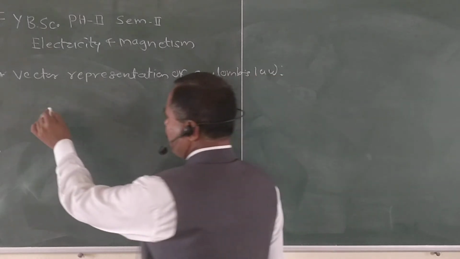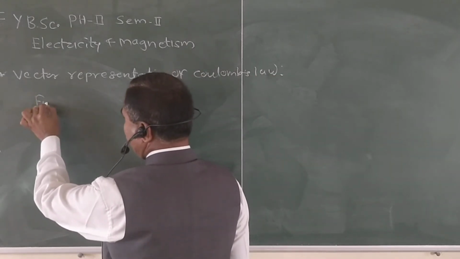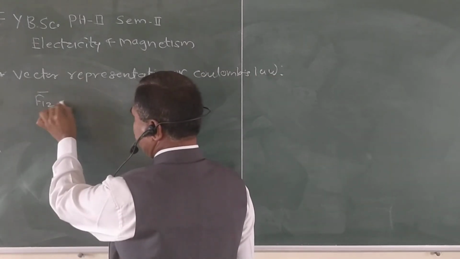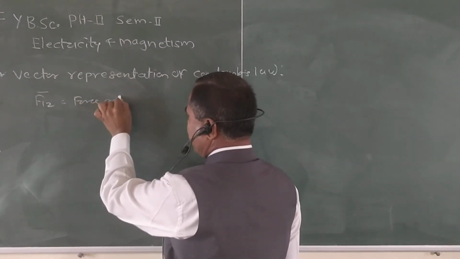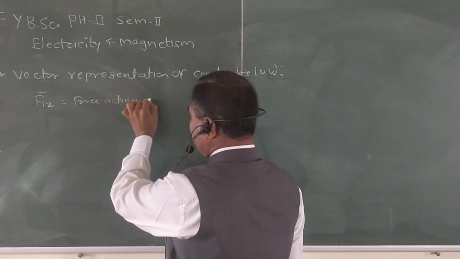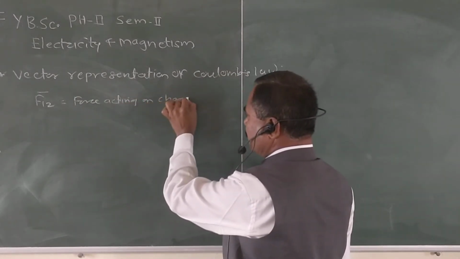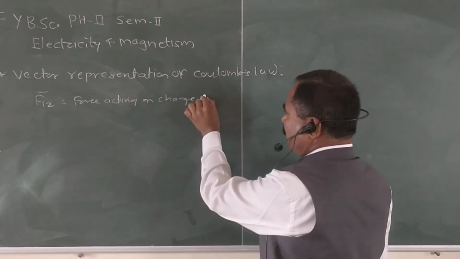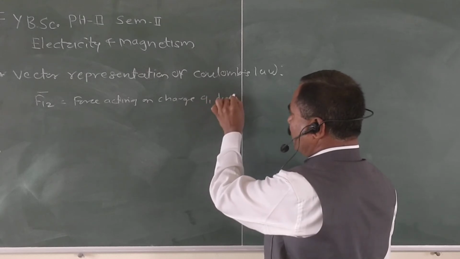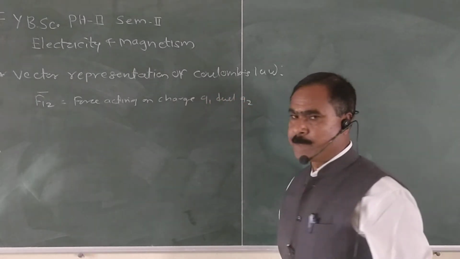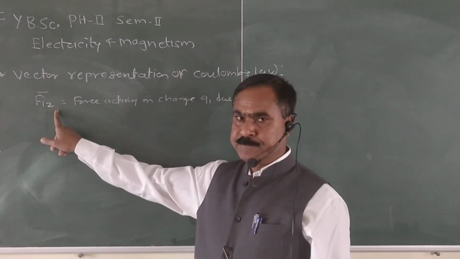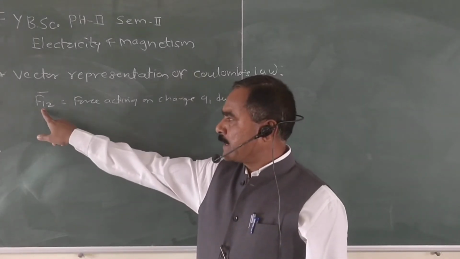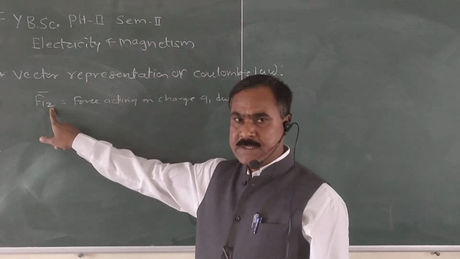In order to write Coulomb's law in vector form, we have to consider some notations. First, F12 bar is the force acting on charge Q1 due to Q2. F12 bar means force acting on the first charge due to the second charge.